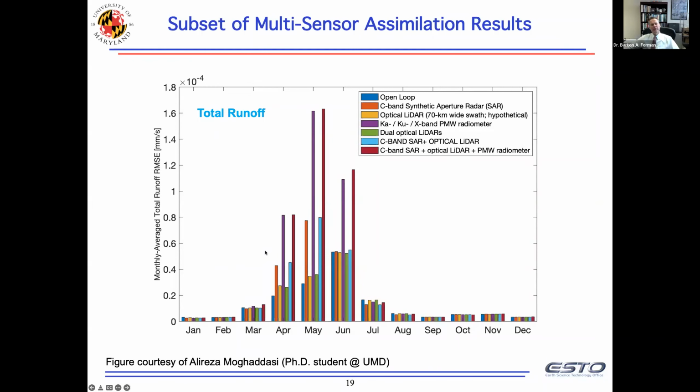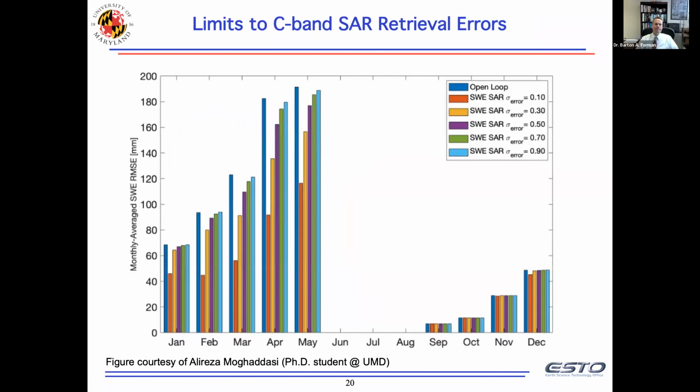So an improvement in snow or soil moisture, as far as our model is concerned, does not always translate to improvement in other states or fluxes, but it does improve in some, though not always. So it's not a panacea, but we can study how the improvements are manifesting themselves, and we can quantify those in a very systematic and integrated format.